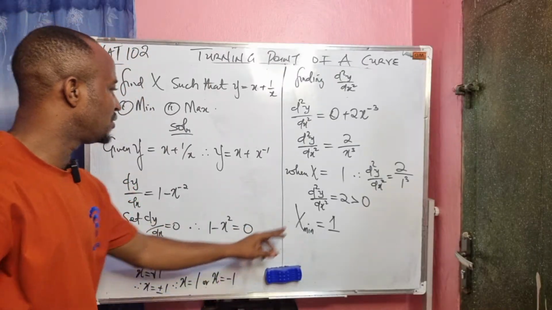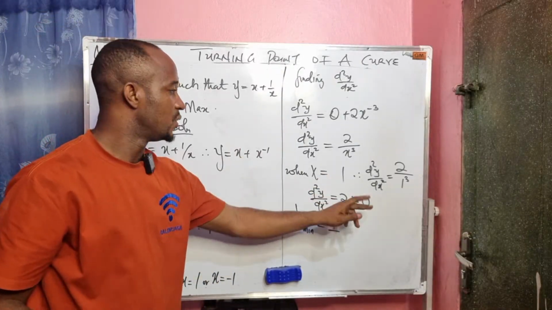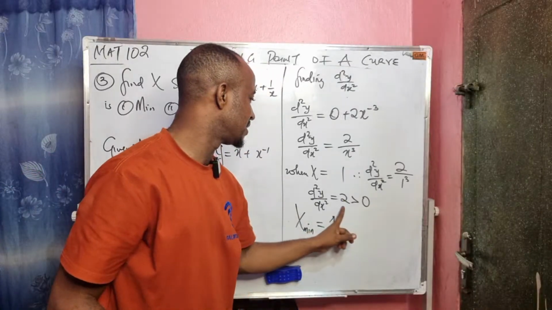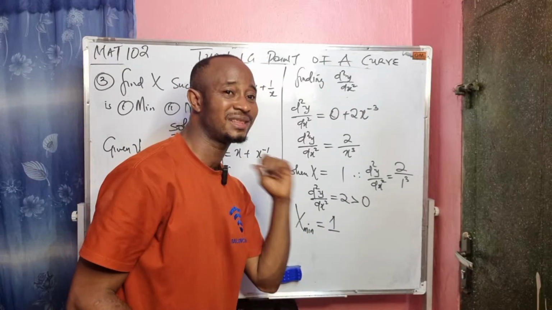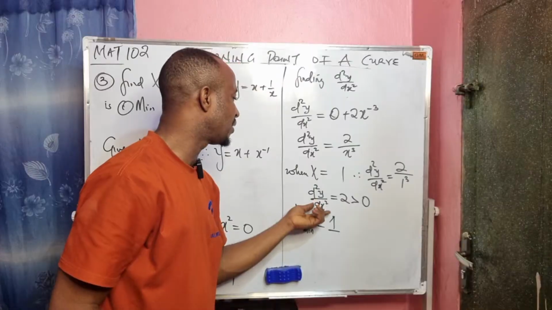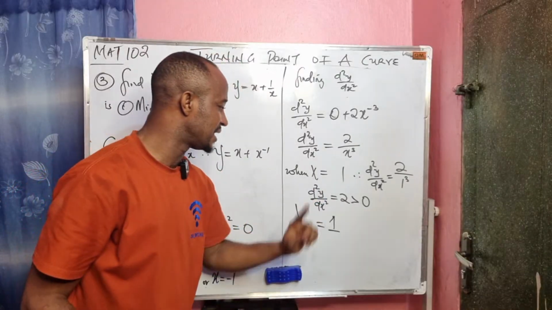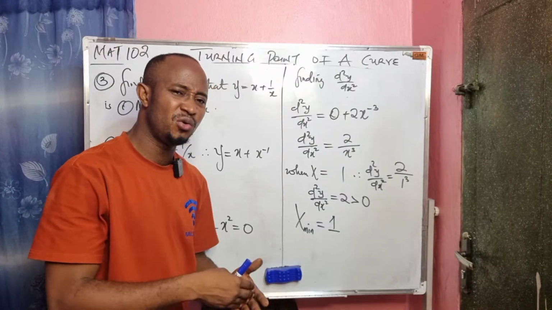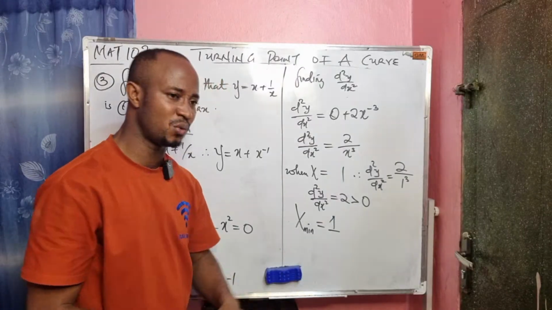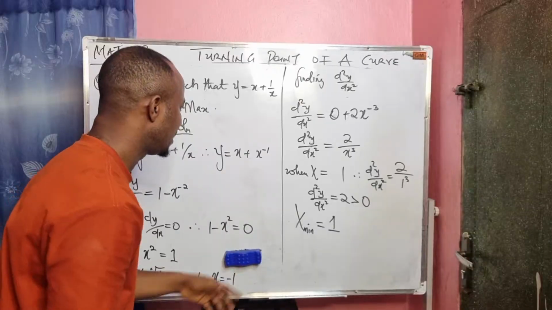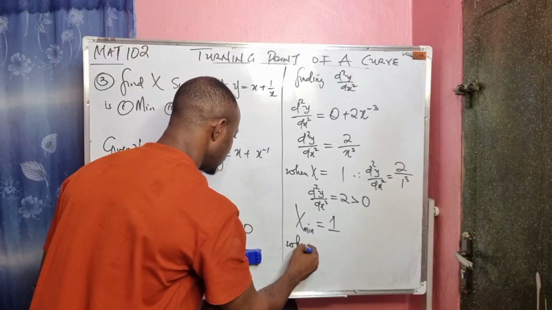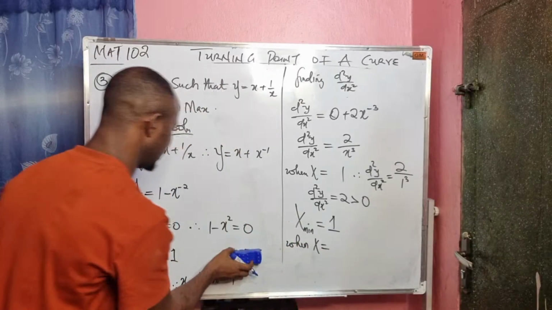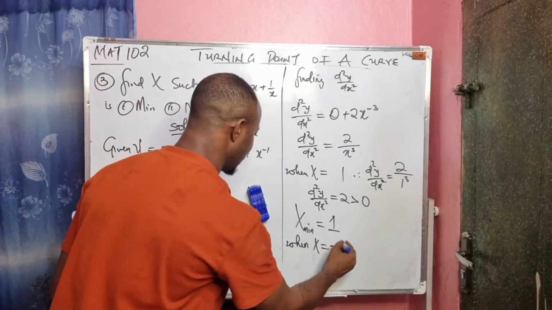So after putting the value of the first x as 1, we realize that the result is 2, and 2 is greater than 0. When your second derivative is greater than 0, what do we say we have there? We have the minimum. So the minimum value of x is when x is equal to what? 1. So let's try when x is equal to the second value of x, which is minus 1.